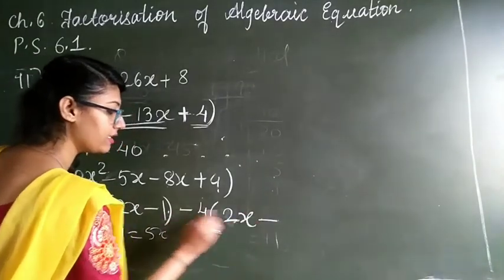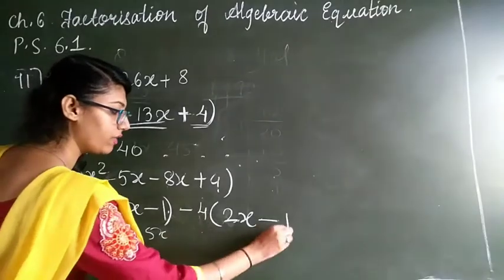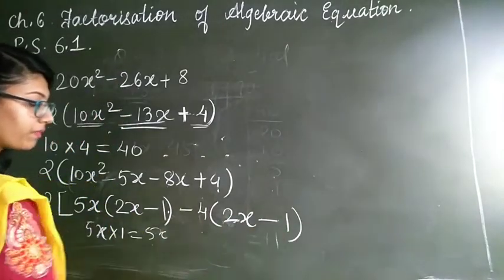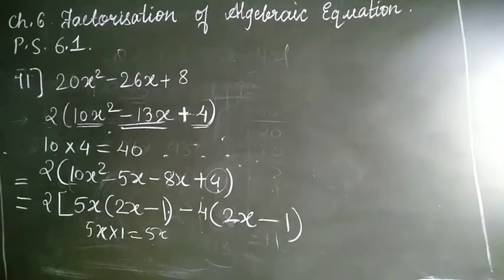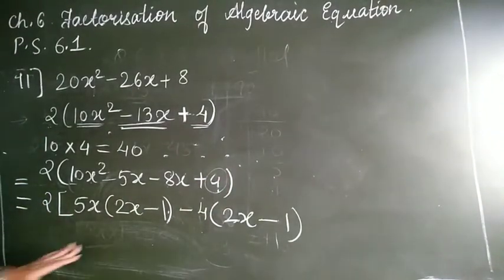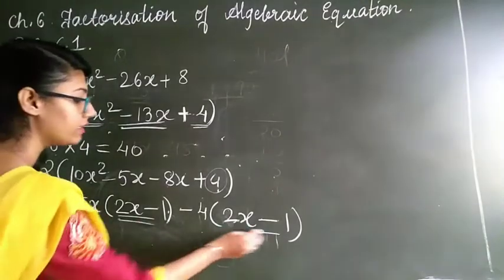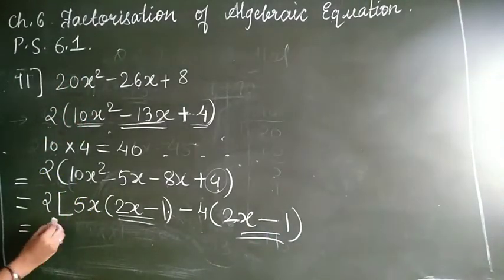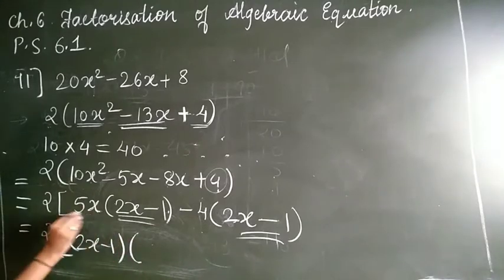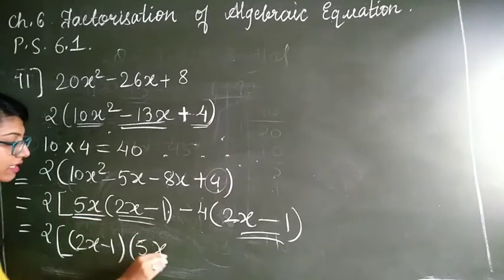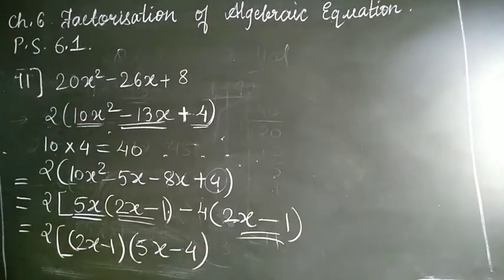Minus into minus will be plus and 4 1s are 4. We have taken 4 common. Now again we got these brackets similar. So we will write, this will be as it is, 2x minus 1 and the remaining terms 5x minus 4. Okay, so this is our final answer.